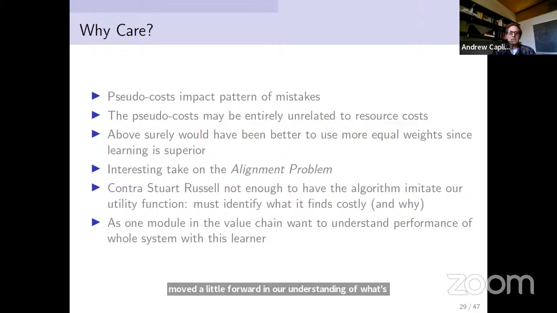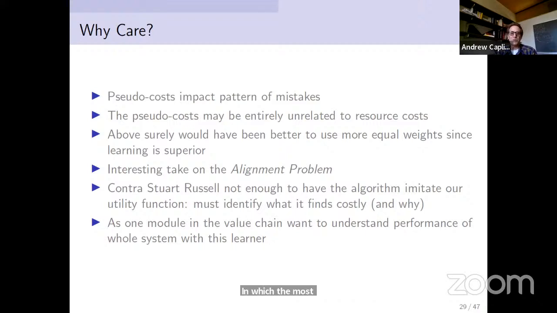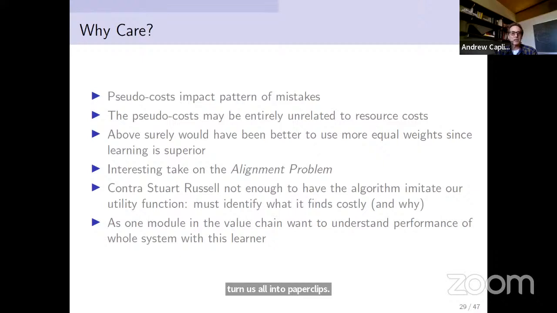But it provides an interesting take on the world famous alignment problem, in which the most famous line right now is that machines, if we give them incomplete instructions, want to turn us all into paper clips. And so what we need them to do is to learn what we like and dislike.